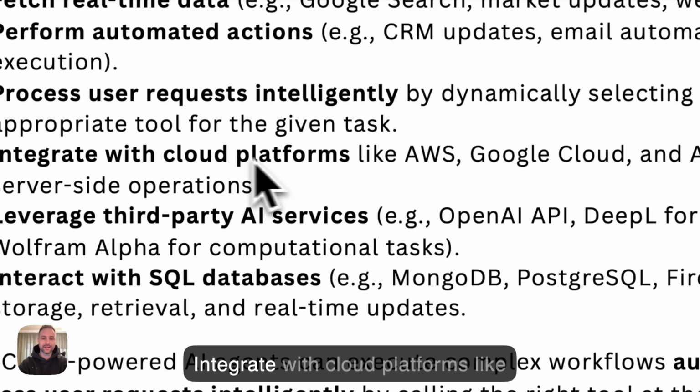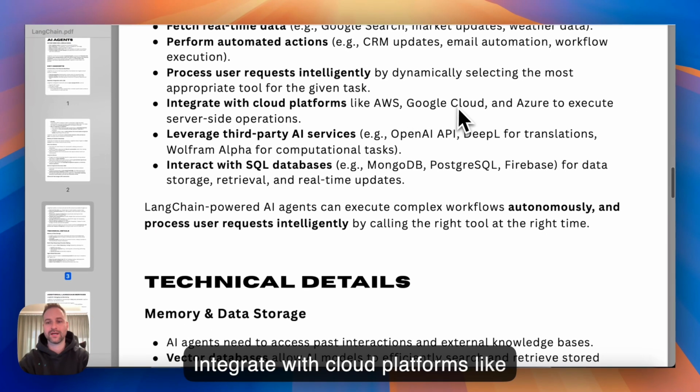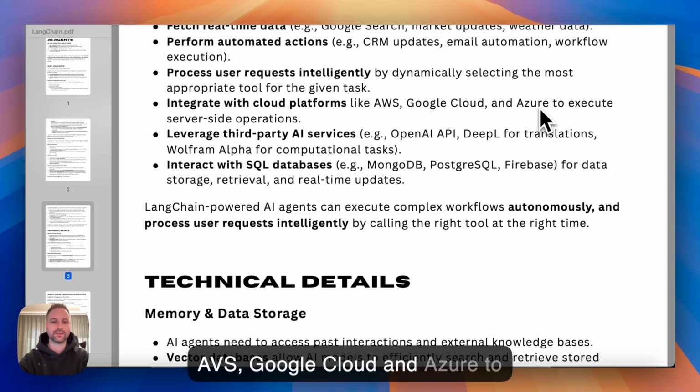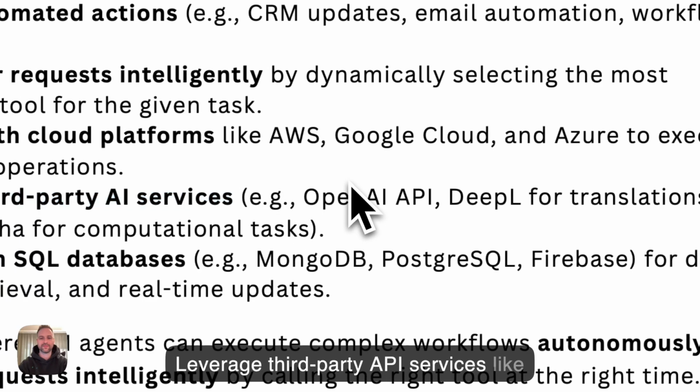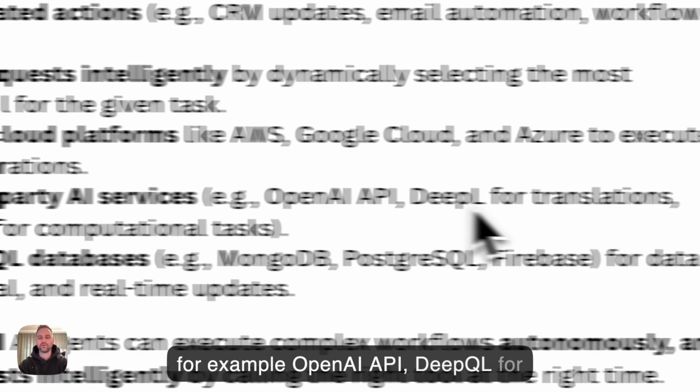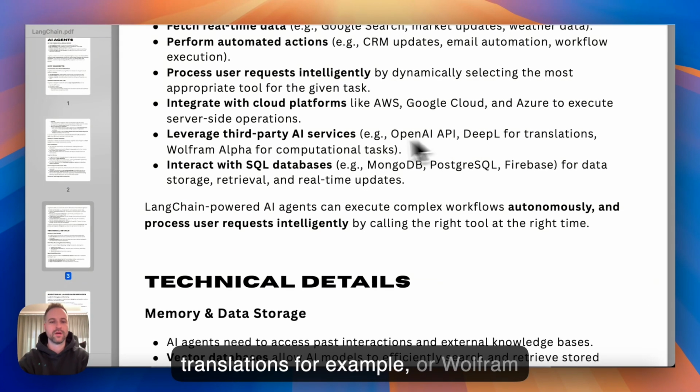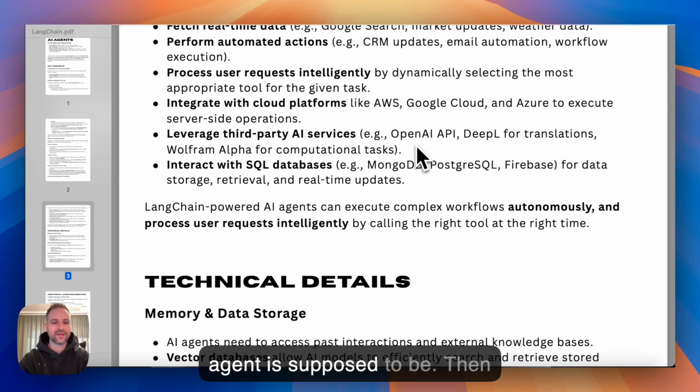Integrate with cloud platforms like AWS, Google Cloud, and Azure to communicate or to execute server-side operations. Leverage third-party API services, like for example the OpenAI API, DeepL for translations, or Wolfram Alpha for computation tasks. That depends on how sophisticated the agent is supposed to be.